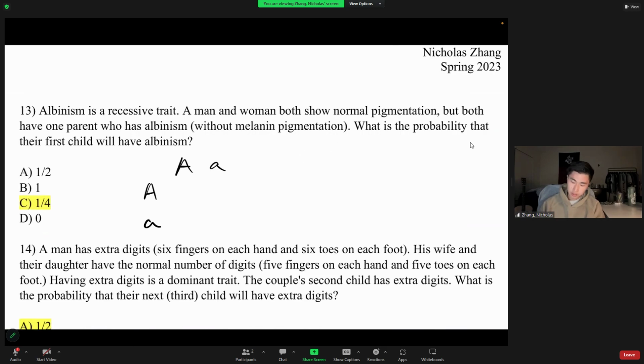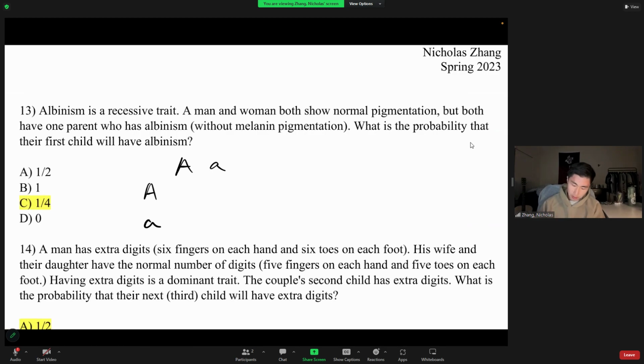So if the two children that are mating here have normal pigmentation, that means they're still carriers. Super complicated, or not that complicated, but I kind of made it more complicated than it had to be. But basically, the man and the woman in the question are heterozygotes for albinism.